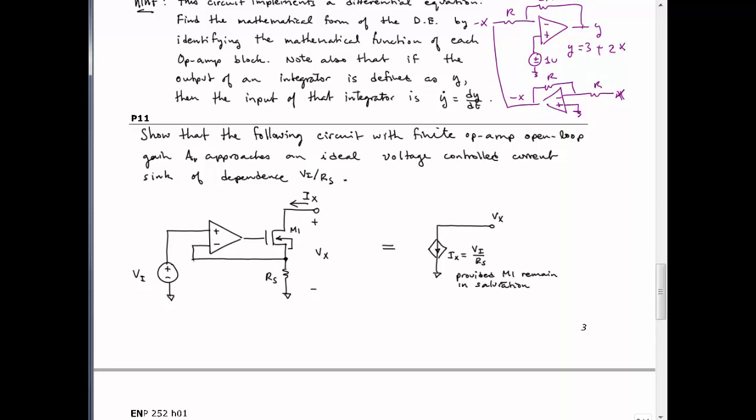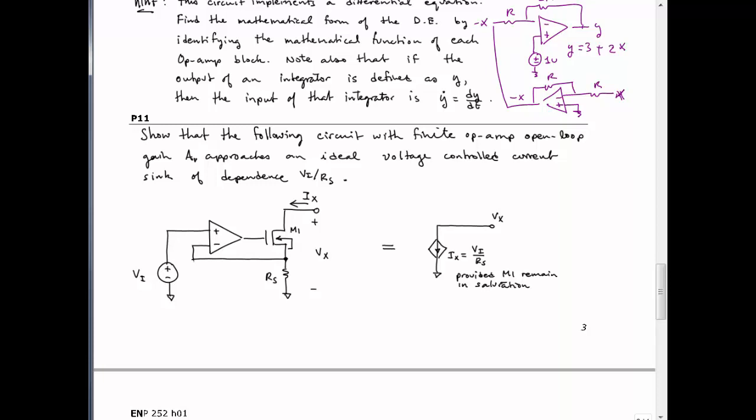Okay, for problem 11, it says show that the following circuit with finite op-amp open loop gain AV approaches an ideal voltage-controlled current sink of dependence VI over RS.